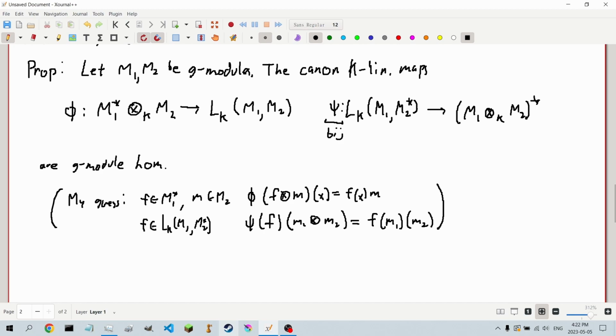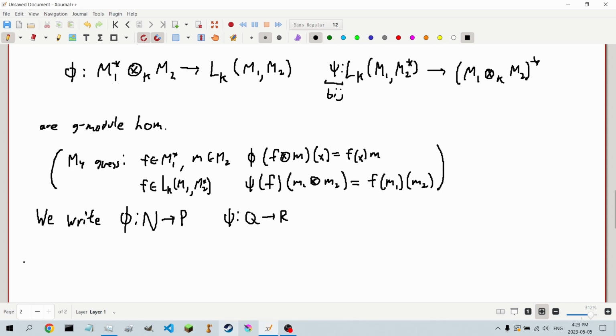And for shorthand for our proof, we're going to write phi as being from N to P, and psi as being from Q to R. Now, let's look at our proof.